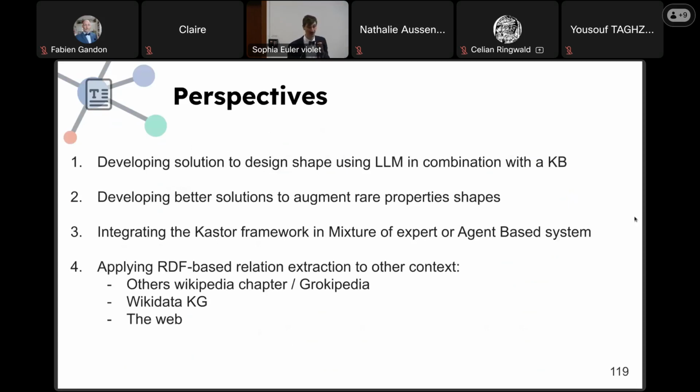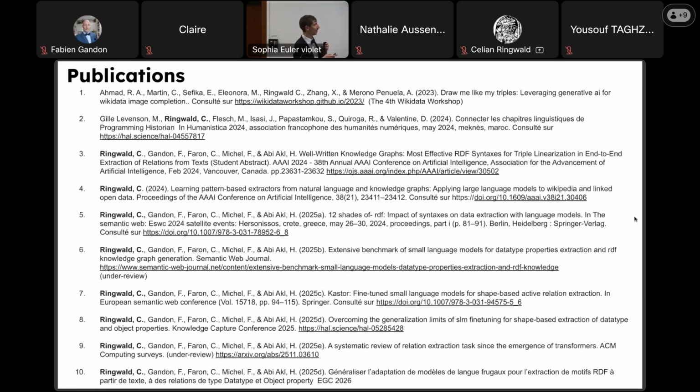And finally, it could be really interesting to compare our methods and apply them to other kinds of inputs, but also other kinds of knowledge bases. Thank you.